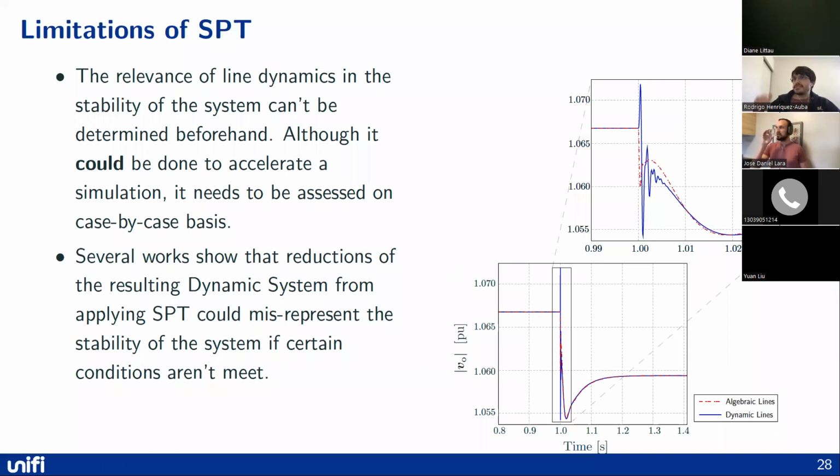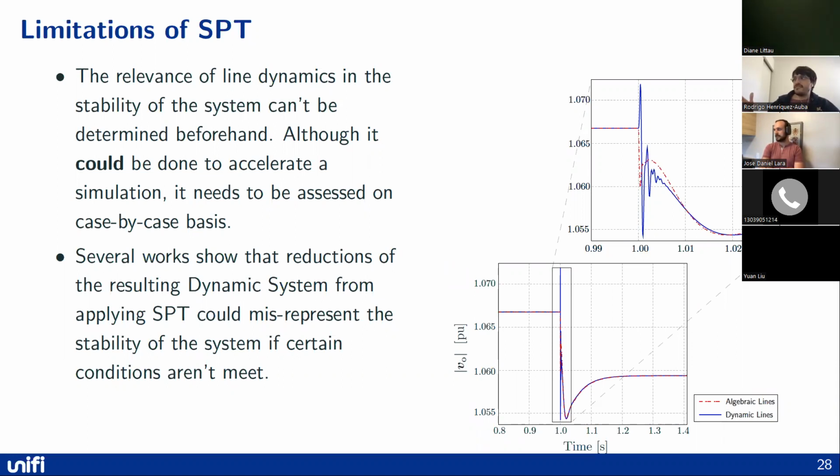And just to conclude here, the issue with singular perturbation theory is not easily generalizable. The example here is a virtual synchronous inverter model connected to an infinite bus, and we're doing a perturbation.